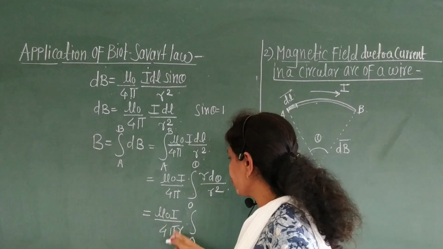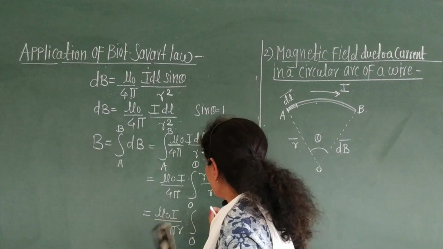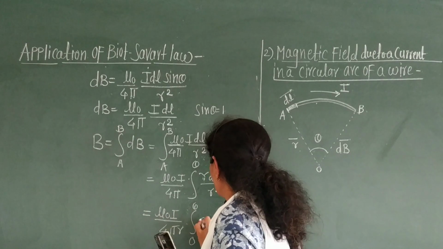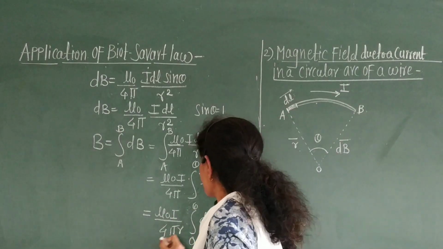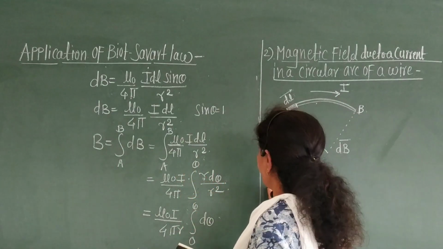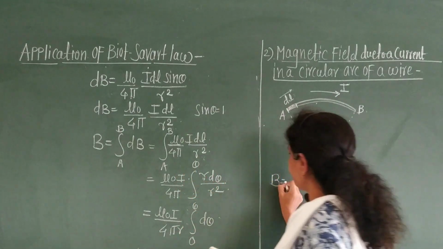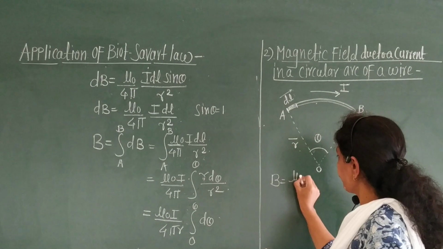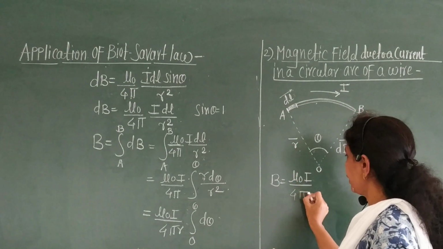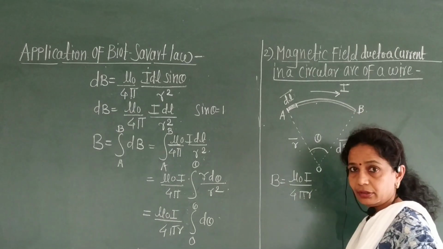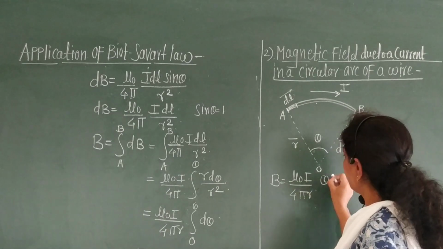Okay, therefore mu 0 upon 4 pi. Only the remaining term is d theta. Okay, therefore it becomes B is equal to mu 0 I upon 4 pi r into theta.